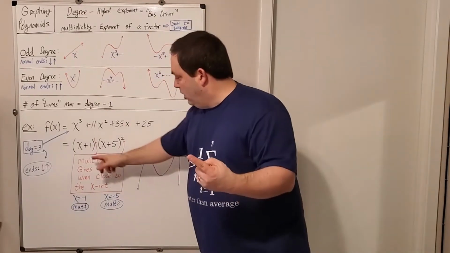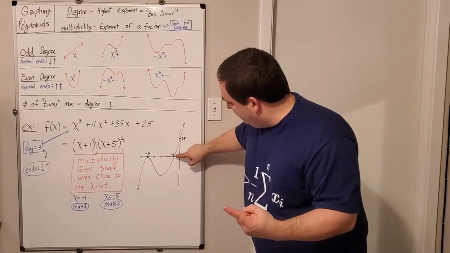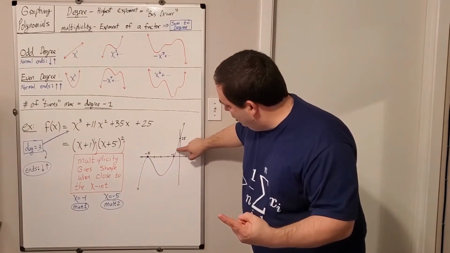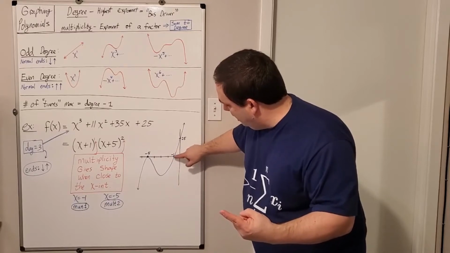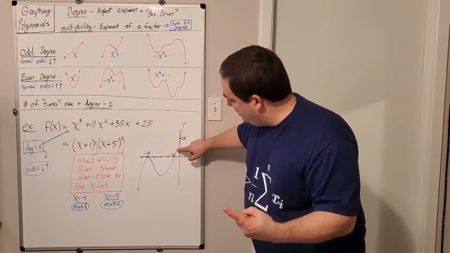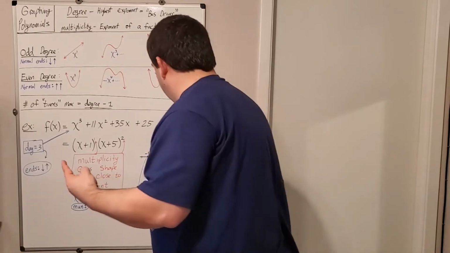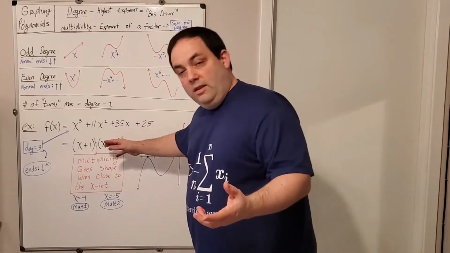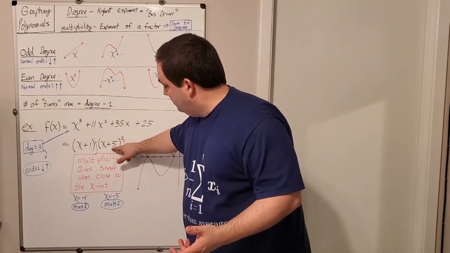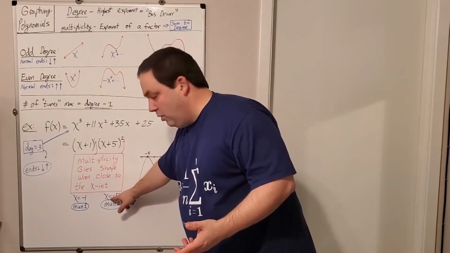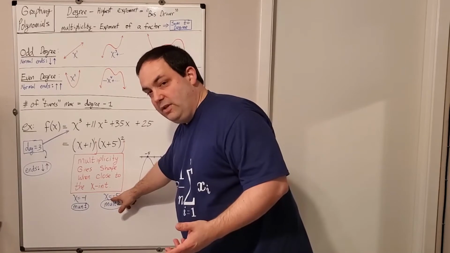What I want you to notice is at the -1 intercept right here, my shape is rather straight, like a line. It goes through the axis there. The next part to notice is the x plus 5 factor, which goes with the x equals -5 x-intercept.